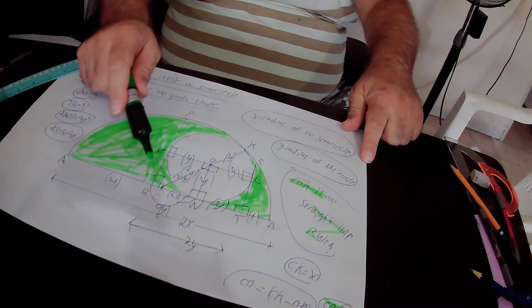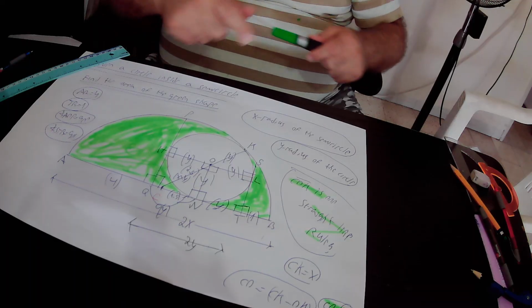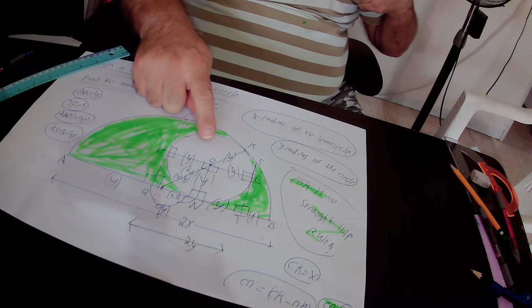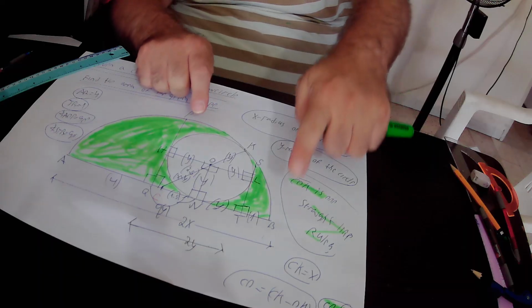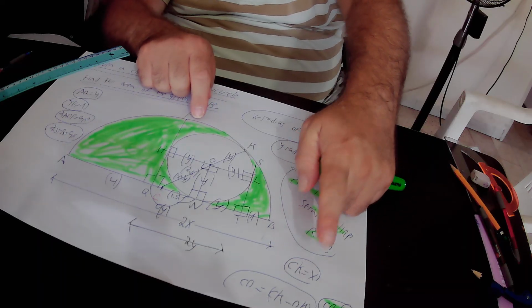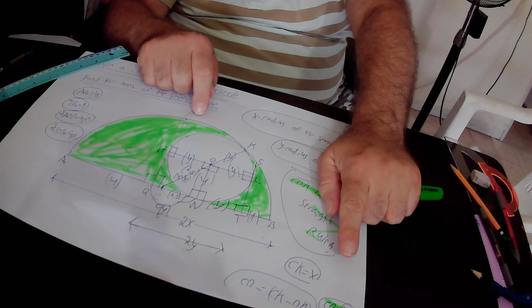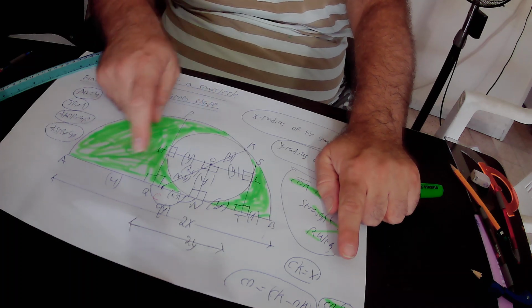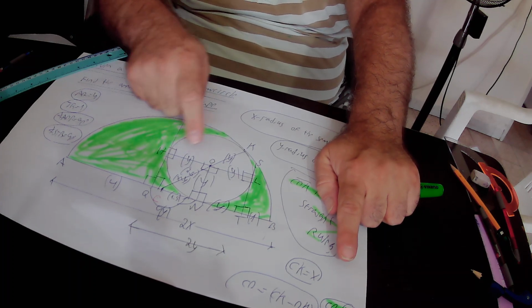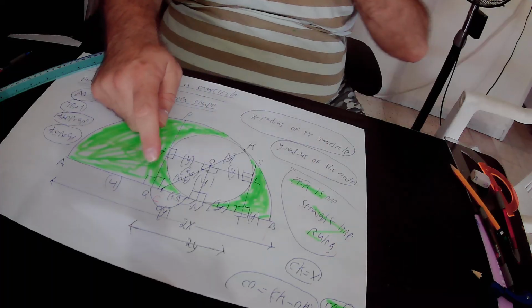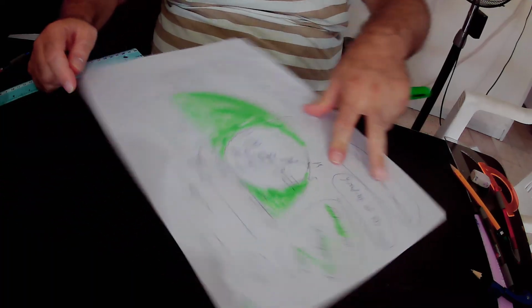If C, O, K is one straight line, it means that CO must be equal to CK minus OK.